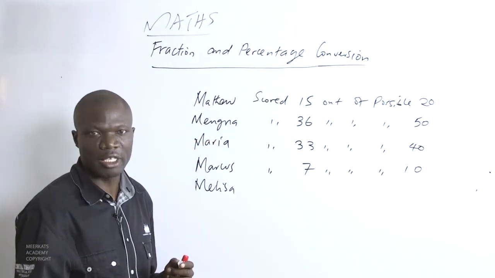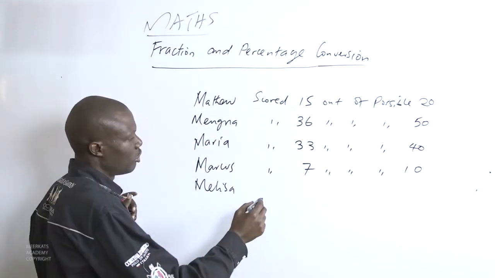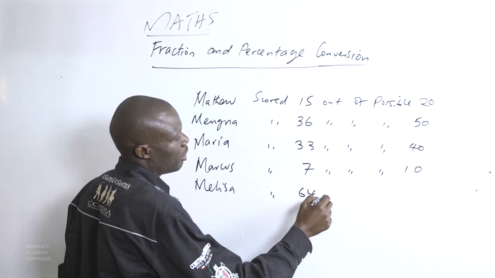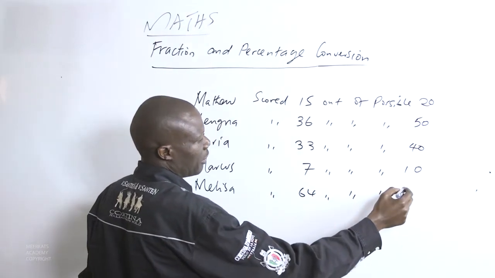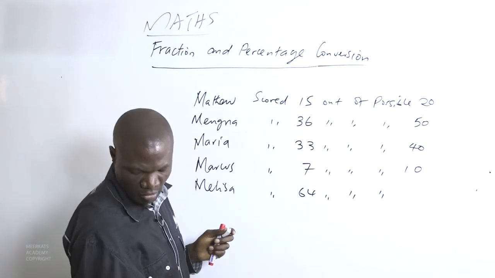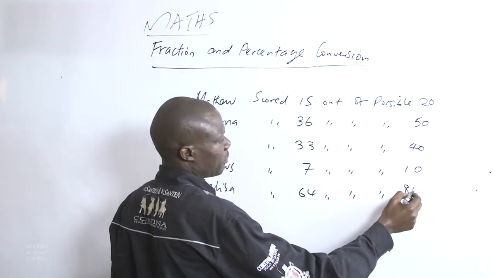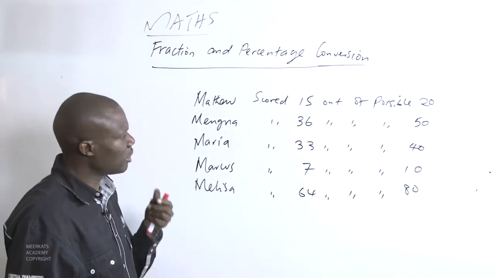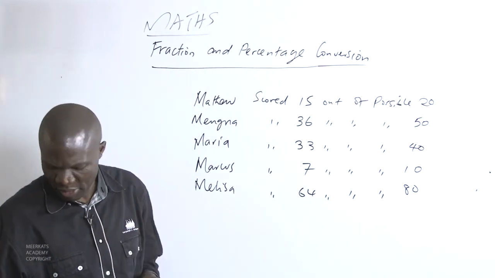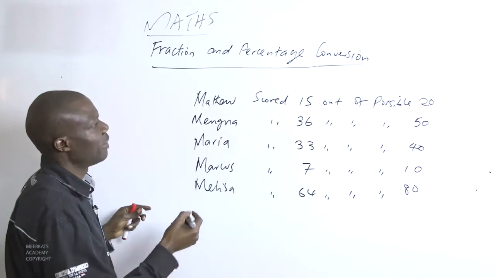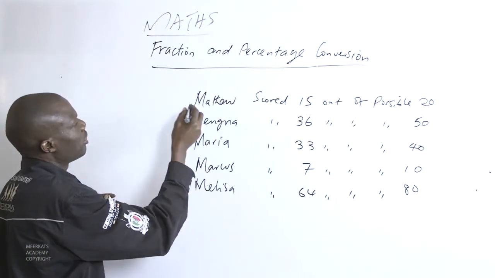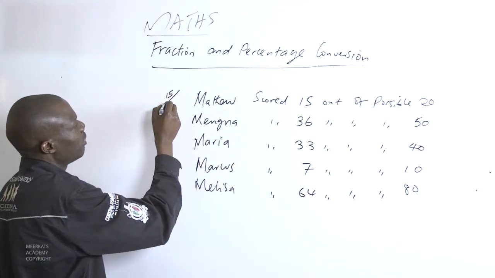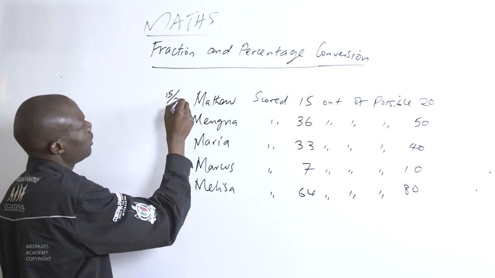And finally, Melissa scored 64 out of possible 80 marks. So in other words, we can simply agree and say that Matthew scored 15 over 20.